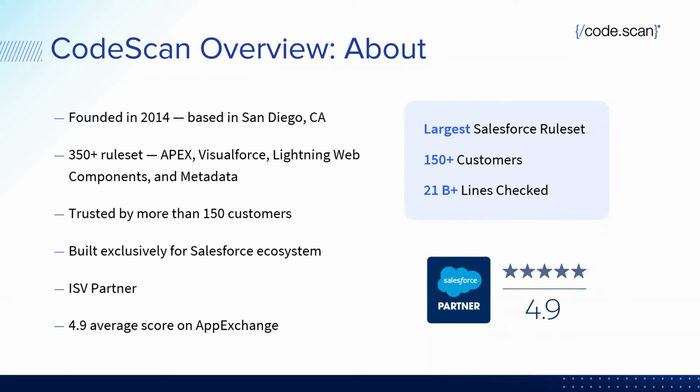We're trusted by more than 150 customers at this point, covering a lot of different verticals, from government to healthcare to financial. And of course, we're built exclusively for Salesforce. So we're constantly focused on maintaining an up-to-date set of rules for Salesforce's current features.